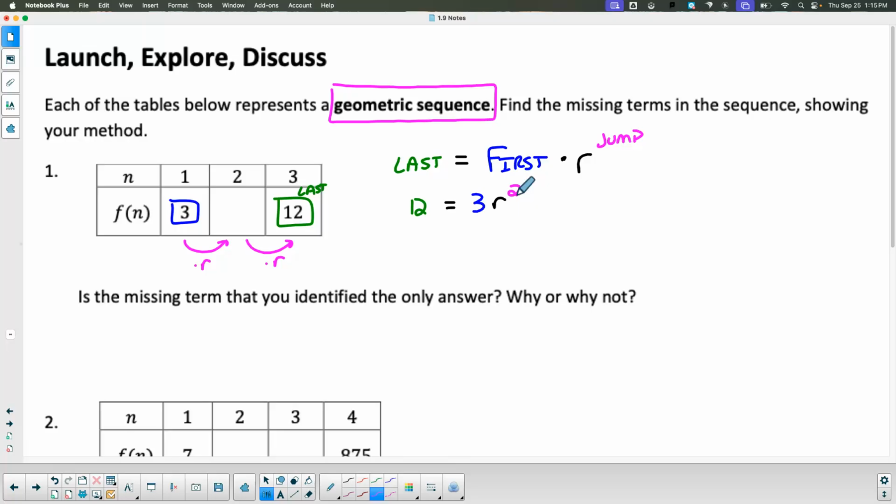What's 3 doing to R squared? It's multiply. Okay, so how do I get rid of that 3 then? I'm going to divide both sides by 3. That then gives me 4 equals R squared.